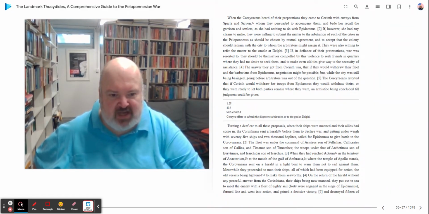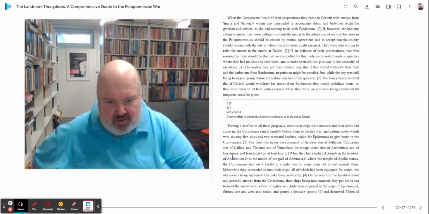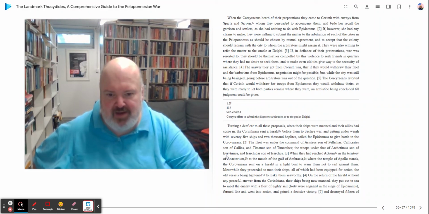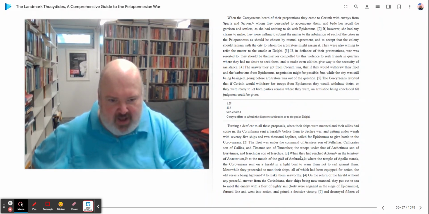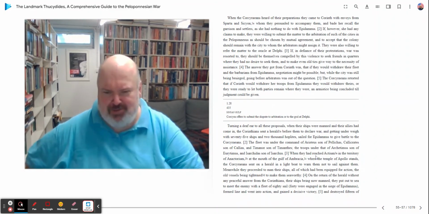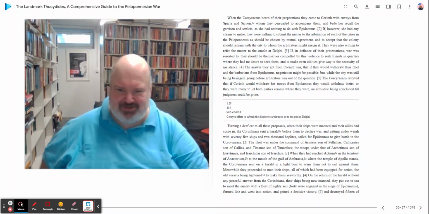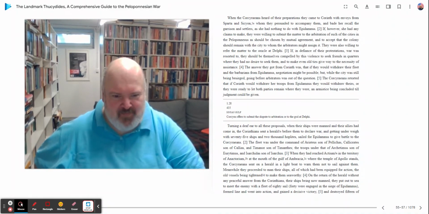The troops were under that of Archetimus, son of Eurytimus, and Isarchidas, son of Isarchus. I wish there was Bob, Joe, Sam. The names are just pains in the ass, right?